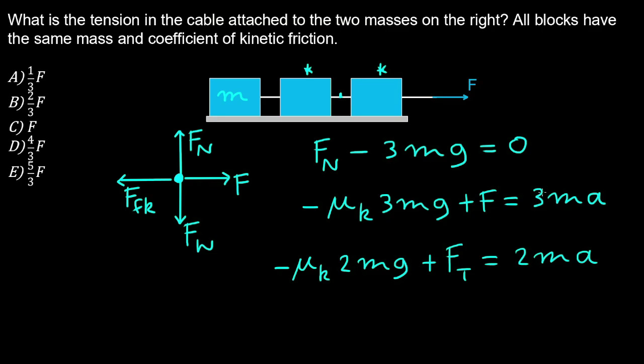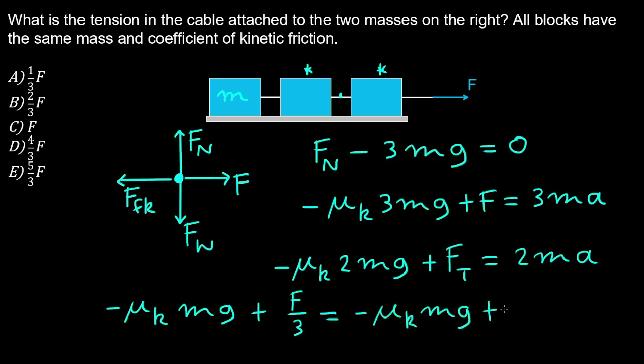So if we divide the first equation by 3 and the second equation by 2, and then equate the 2 equations, we have minus μk mg plus F on 3 is equal to minus μk mg plus the tension force on 2.